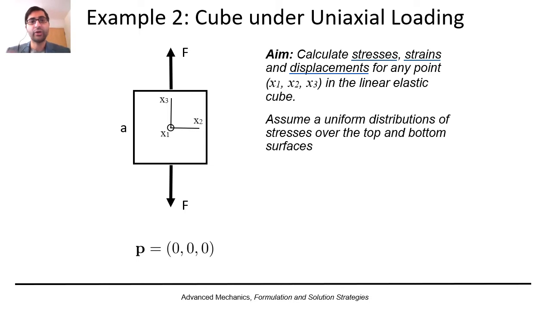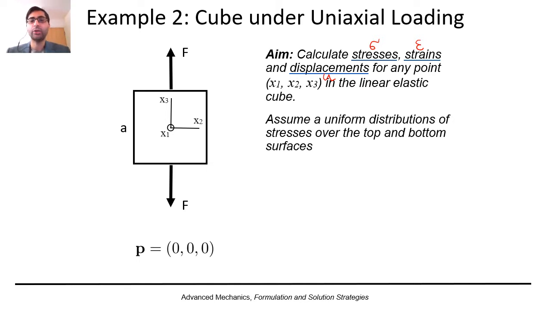Let's try that via an example. Here we have a cube under uniaxial loading. The aim is to calculate stresses, strains, and displacement for any point x1, x2, x3 in this linear elastic cube.